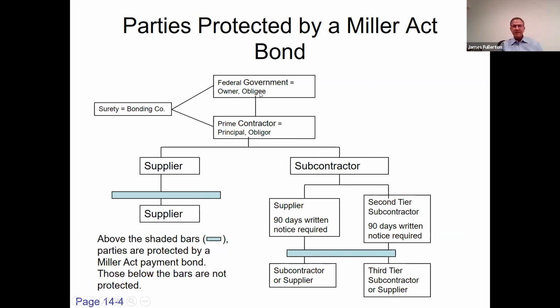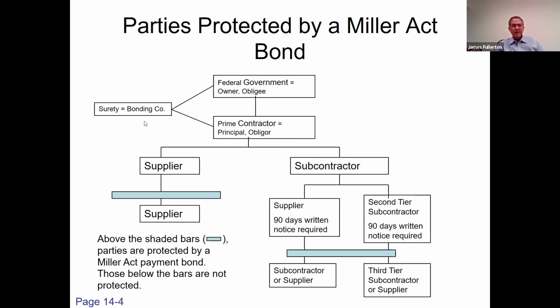They are the obligee, the recipient of the obligation. They have a contract with the prime contractor, who is also the general contractor, referred to as the principal on the bond, and also referred to as the obligor. They're the ones obligating themselves under the bond.